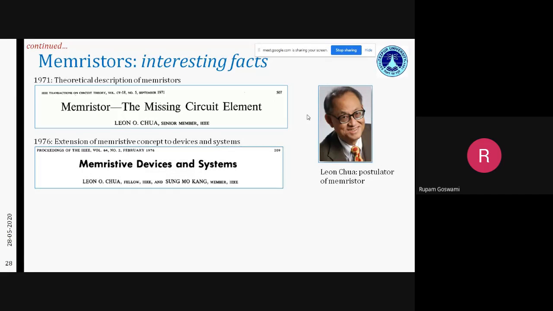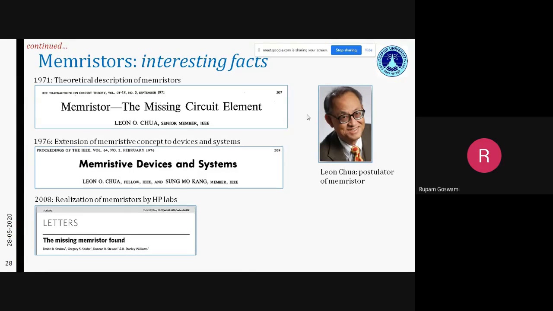In 1976, he and his student Kang extended this concept to devices and systems. After that, interestingly, you did not find the realization of the memristor concept anywhere until 2008, when Hewlett Packard, better known as HP, fabricated the first nanoscale memristor using titanium oxide.